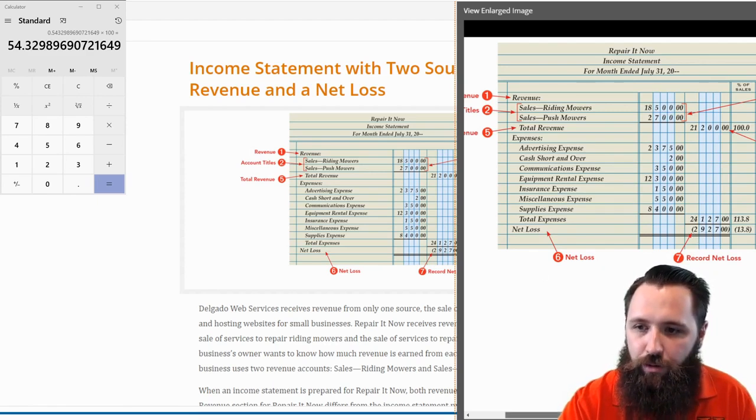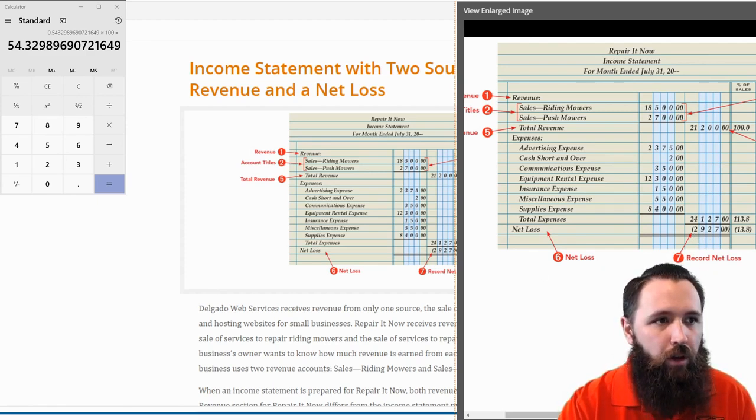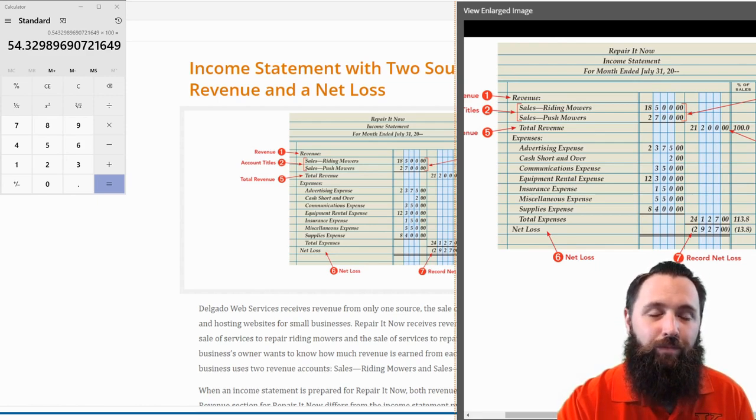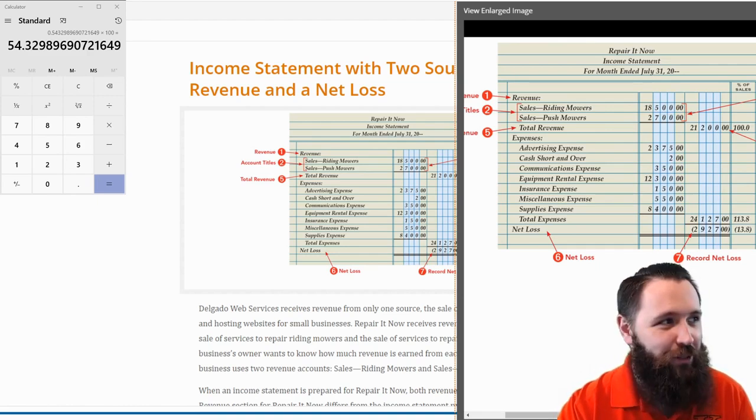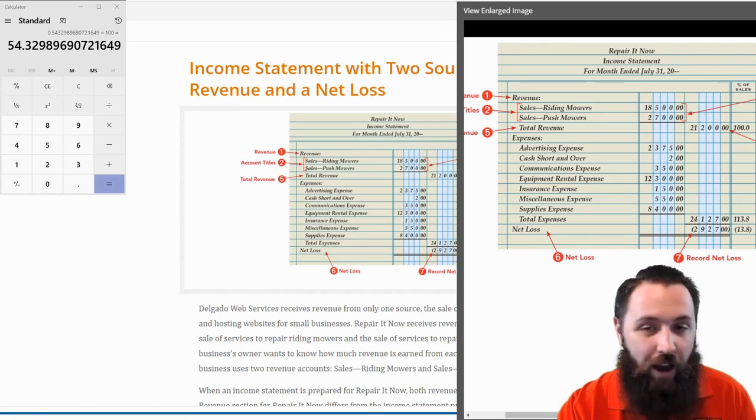So what does that do for our financial ratios? Well, if we look over here, our total expenses actually has a financial ratio that's more than sales. Now, does that make sense? Absolutely it does, because everything is always compared to sales.